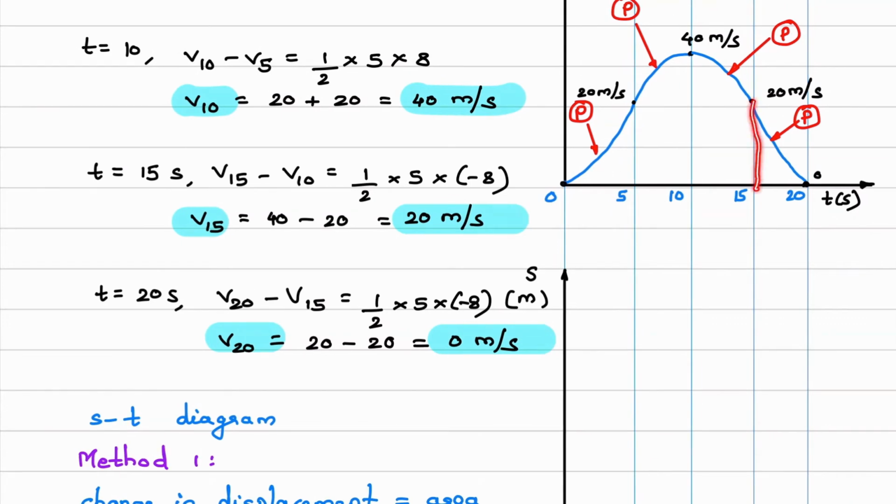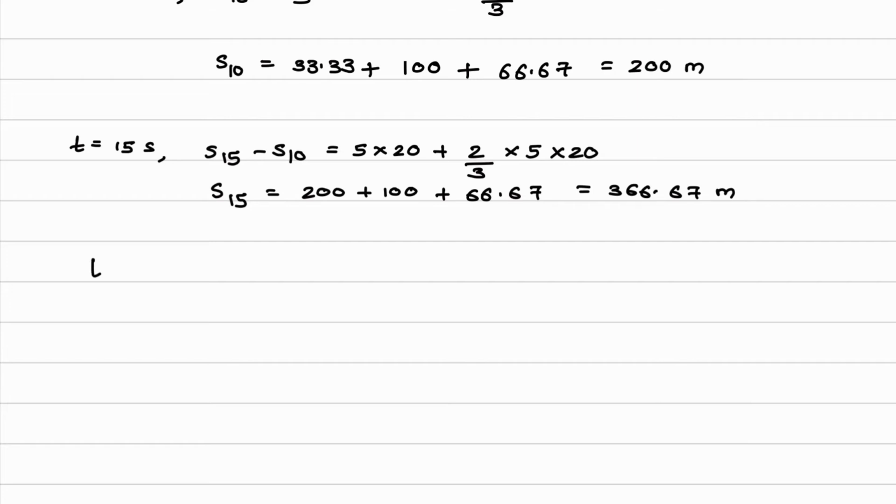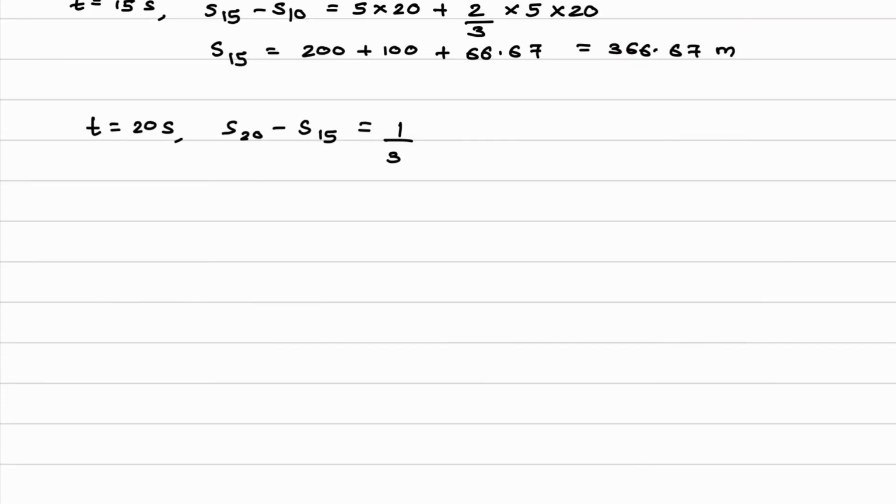What will be area under this curve? Okay, this will be 1/3 of base is 5 and height is 20. T equal to 20 seconds. We can write down S20 minus S15 is equal to, so this value will be 1/3 of base is 5 into height is 20. So S20 is equal to, this S15 is negative, it will go on right hand side, it will become positive.